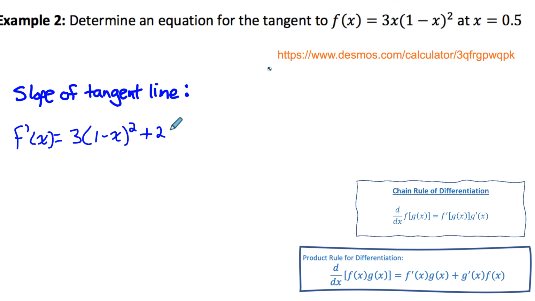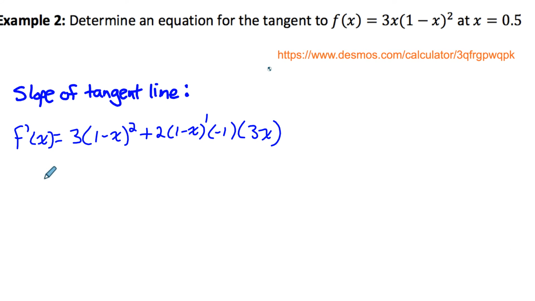So bring the exponent down, leave the base, reduce the exponent by 1, and multiply that by the derivative of the inside function, which is -1. And that has to be multiplied by the first function, so times 3x.